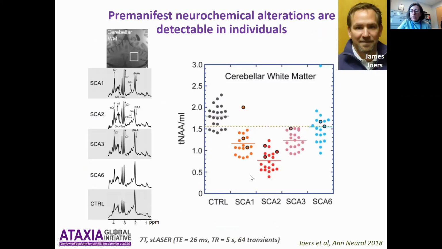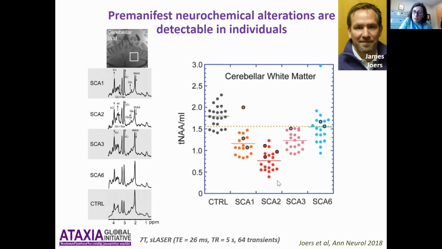And in this study, we also had some individuals at the pre-manifest stage, people who had SARA scores lower than 3, no signs of ataxia yet. And those are the individuals whose data are marked with the circle here. And most of them, 6 out of 9, were actually grouped with the symptomatic individuals.